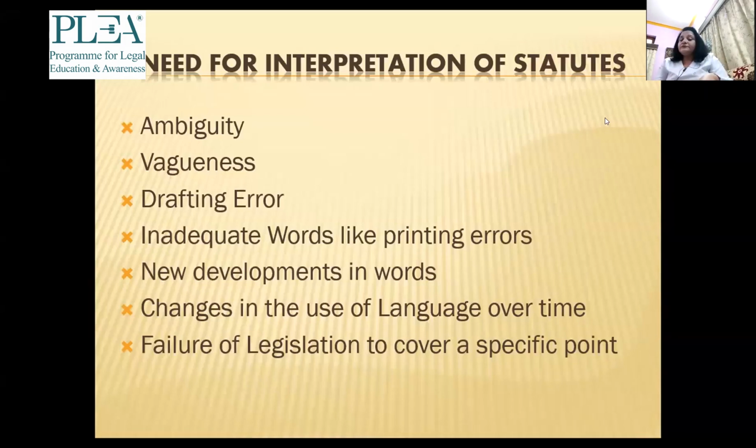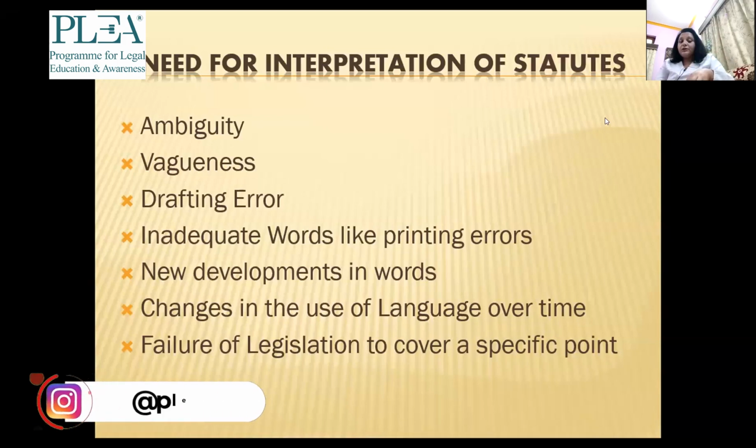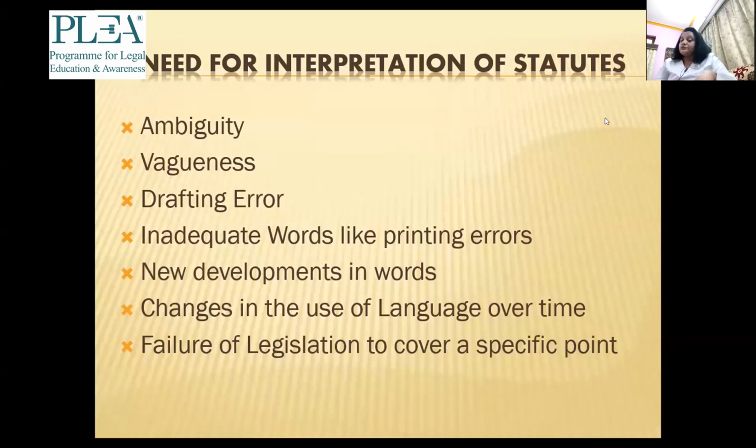That is the vagueness of the word. Another word is tall. If we are talking about tall, how tall? 6 feet, 7 feet, 10 feet, 11 feet, and it may differ from circumstance to circumstance also. So to remove this vagueness of the word, there is a need for interpretation of statutes.